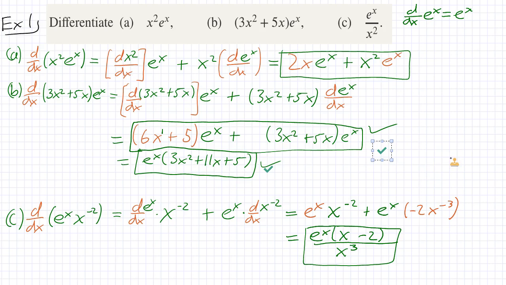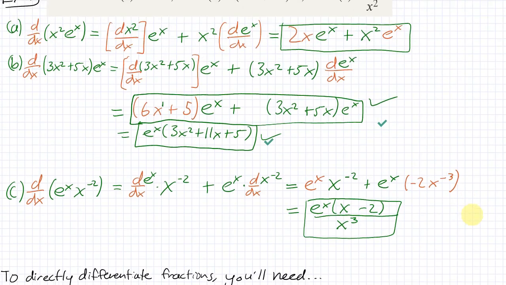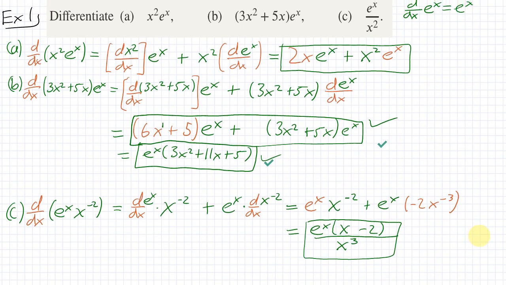Okay, so then here is the last one here. The trick with this is to write the x squared part as x to the power -2, and then this is now a product. And then you can do the same thing with the product rule, and you can use the power rule with x to the -2. So the stuff works out the same way.